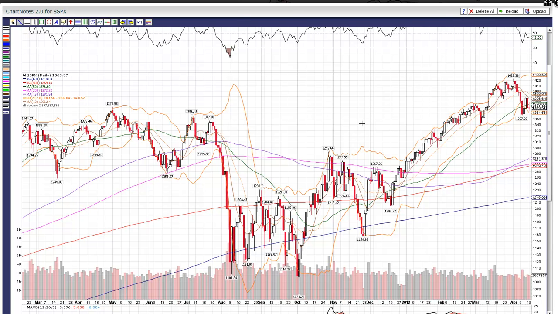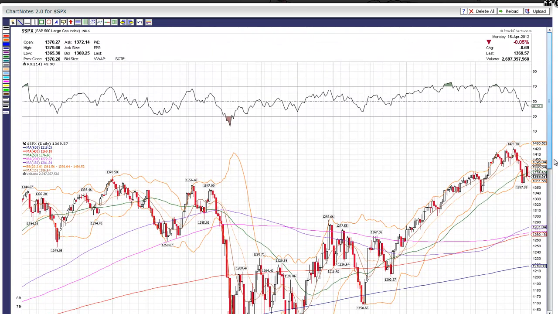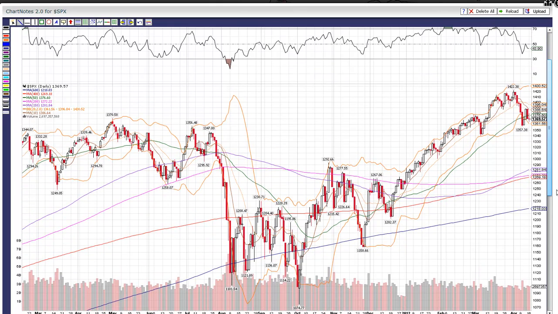All right, let's take a look at the S&P 500 coming into April 17th, 2012, so the close on Monday. If we do the retraces to start out, you go off that 1074 low that we had in October. That dropped us briefly into a bear market.